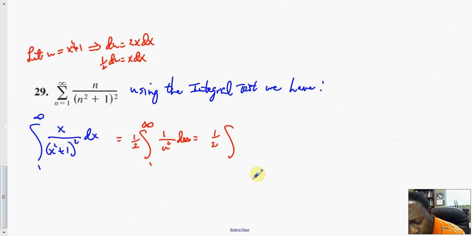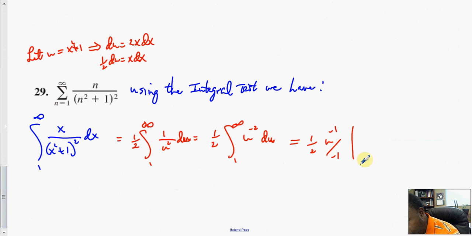We get 1/2 times the integral from 1 to infinity of u to the negative 2 du. So we integrate, we get 1/2 times u to the negative 2 plus 1, which is negative 1, over negative 1. Evaluate this from 1 to infinity.